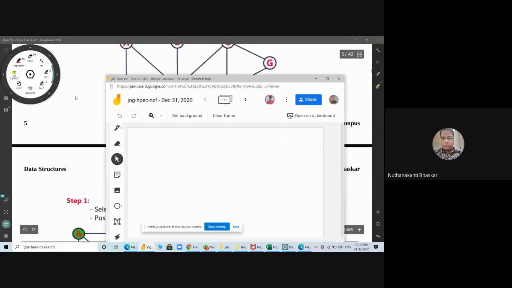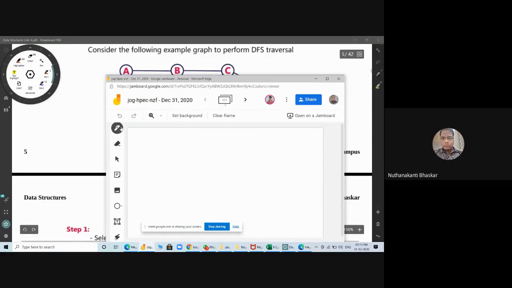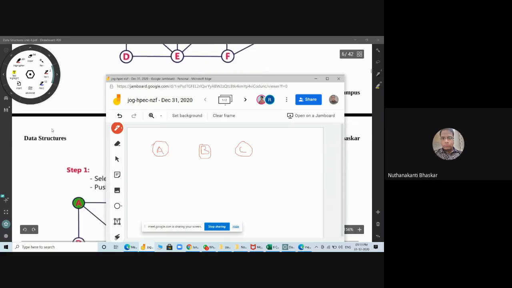Okay, right. Now I am taking the same graph here. You can choose any graph. I have taken a very big graph for your understanding purpose.